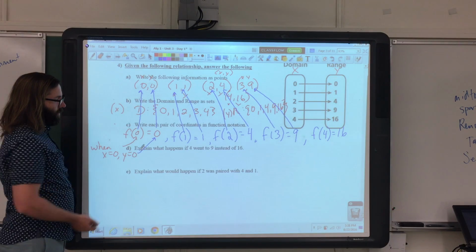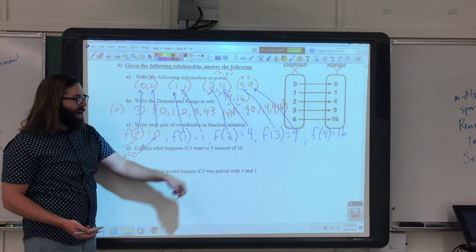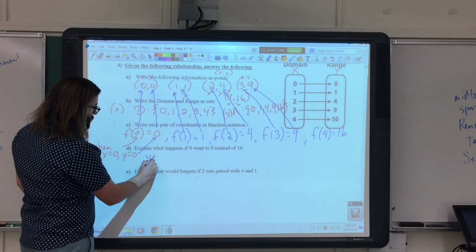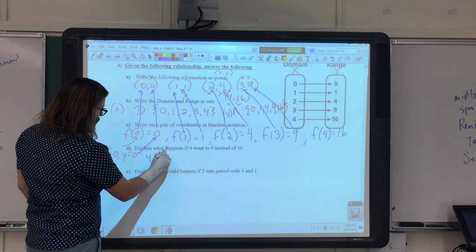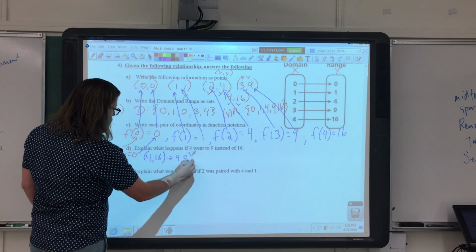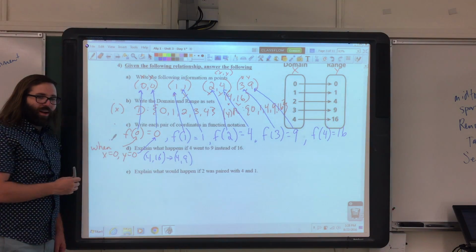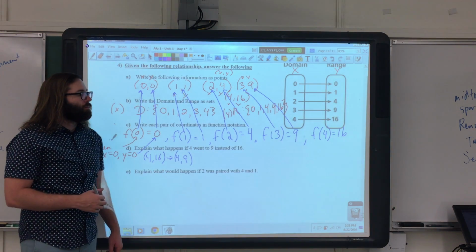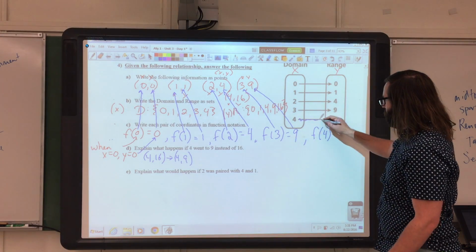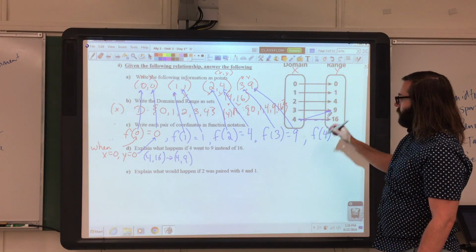Okay. Part D, explain what happens if the 4 went to 9. So if we had 4, 16 goes to 4, 9. Okay, what happens? All that would mean is that your little arrow would go like that.